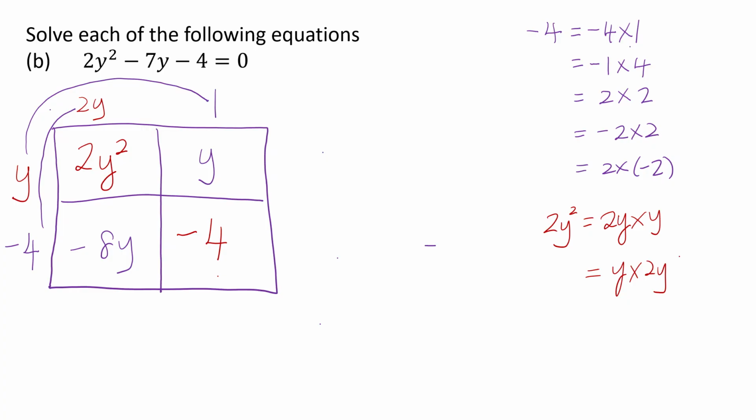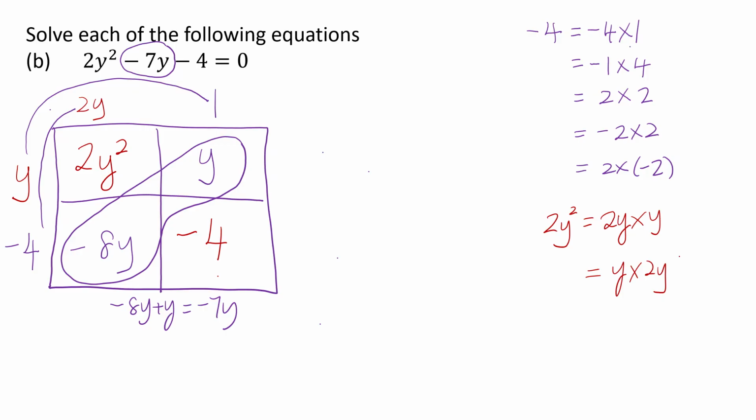So to get the middle term, just find the values of these, which give me negative 7y. And we just hit the jackpot the first time.